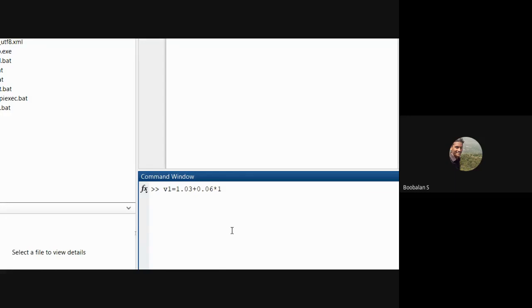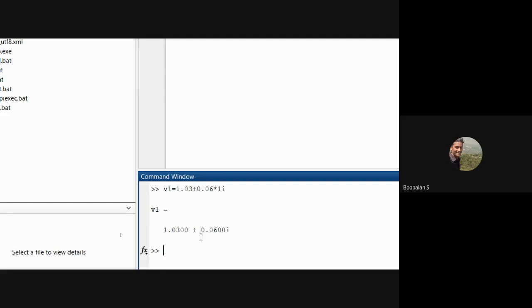If you use 1i, the total term is called j. We can't use i directly, we need to use 1i. Now V1 is assigned as 1.03 plus 0.06j.